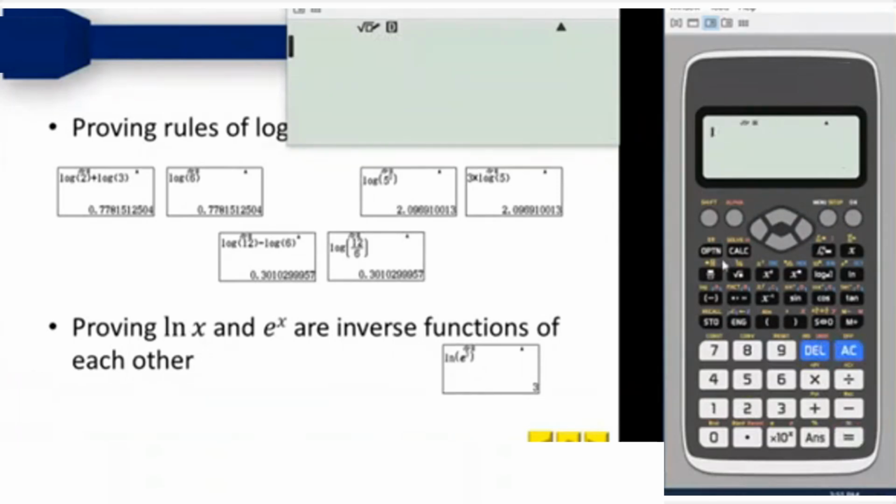Similarly, if I press shift log 10, I get 1, because log with the same base and power is 1. And if I press shift log 1, I get 0. Similarly, ln is log to the base of e. So if I press ln 1, I still get 0.